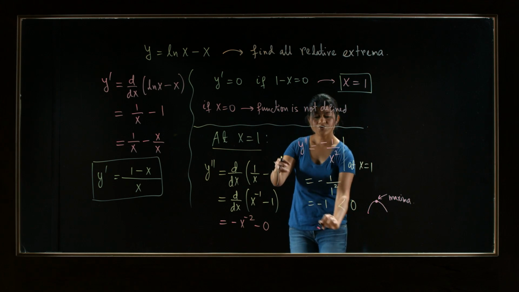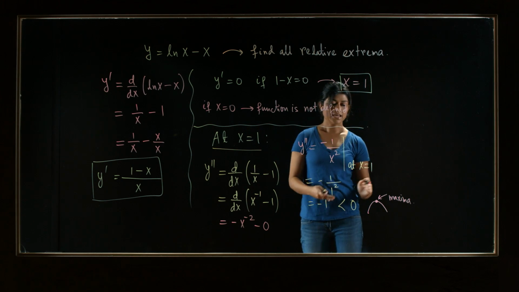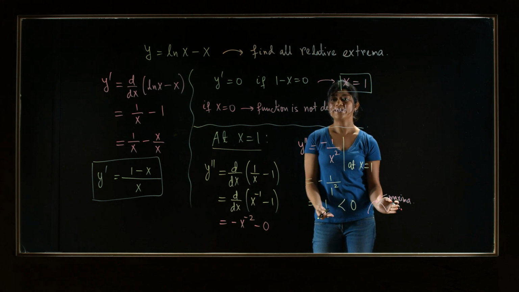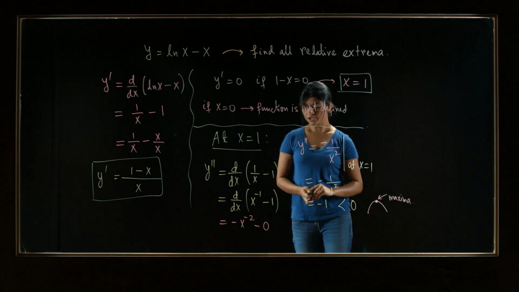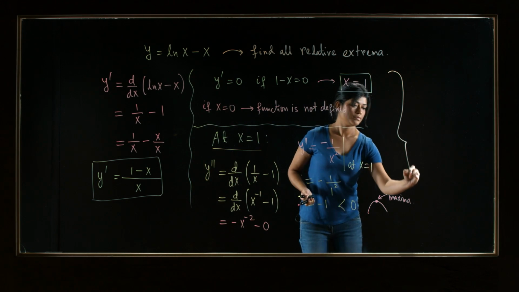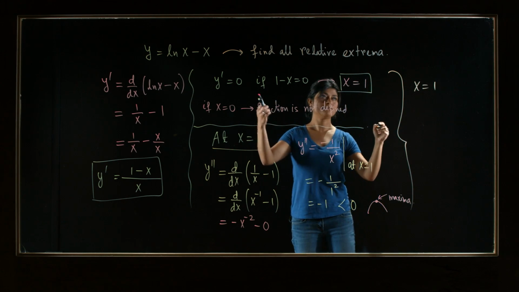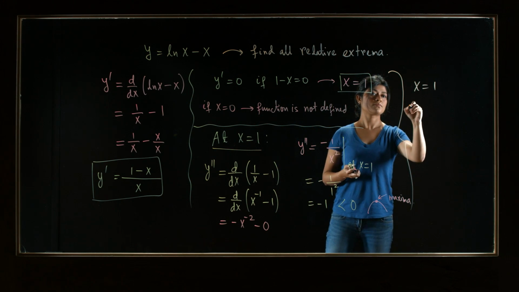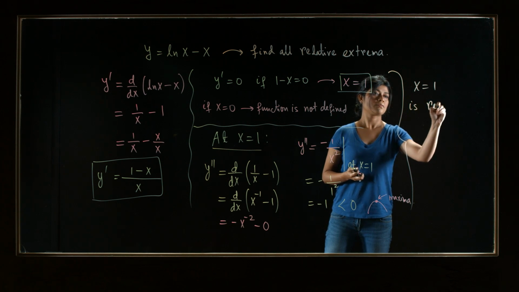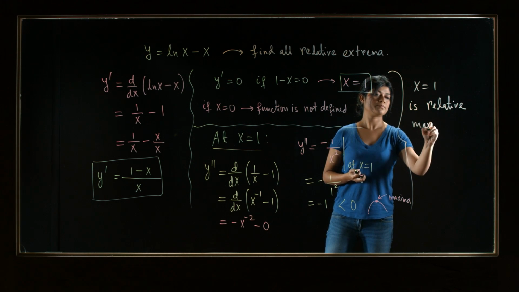So the second derivative just gives us whether this extrema will be a max or a min. And we just proved that it will be a maximum point. So we can conclude from all of this that at x equals 1, the function will have a relative maxima.